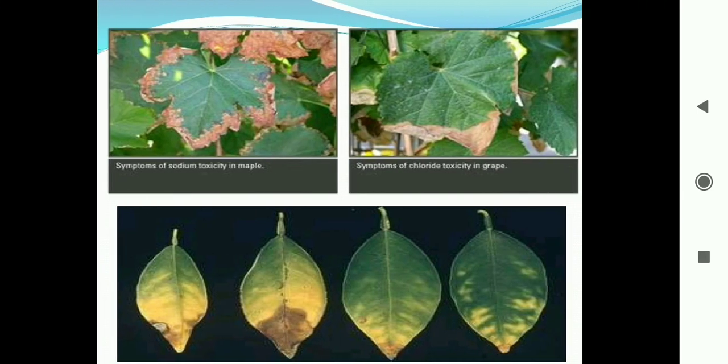These are the symptoms: chlorosis symptoms of sodium toxicity in apple and chloride toxicity in grape. These are some toxicity symptoms because of high concentration.